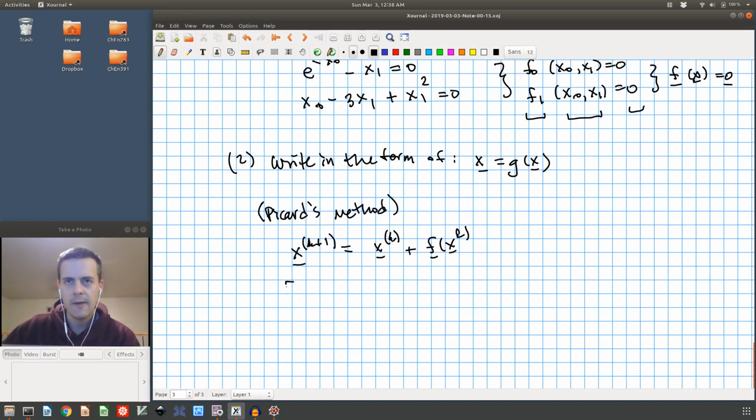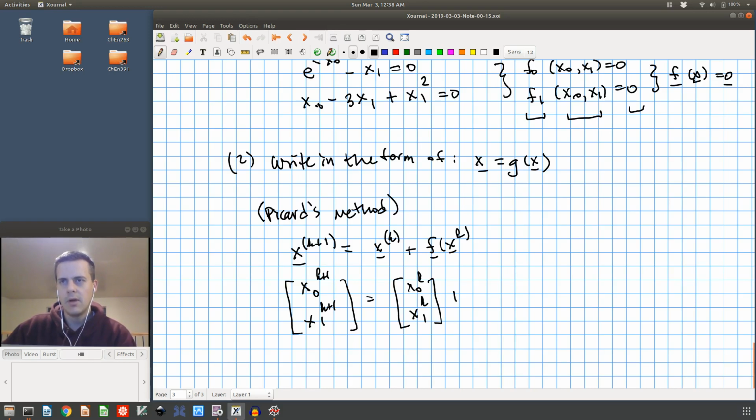Let me plug that in. So x is x0, x1, at k plus 1, equals, and what's over on this side? I have x0 at k, x1 at k, plus, and now I just have F.